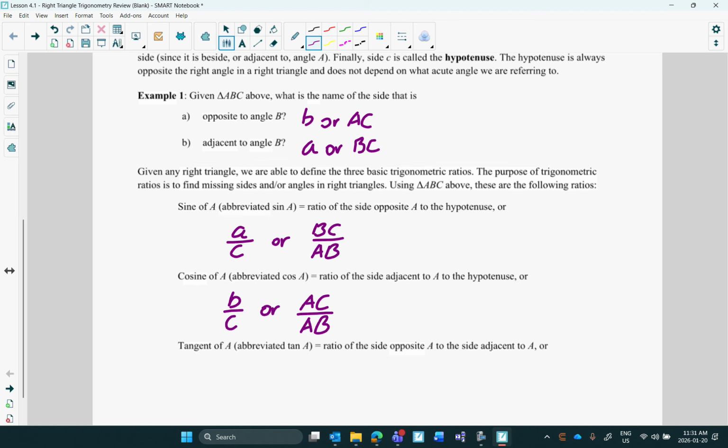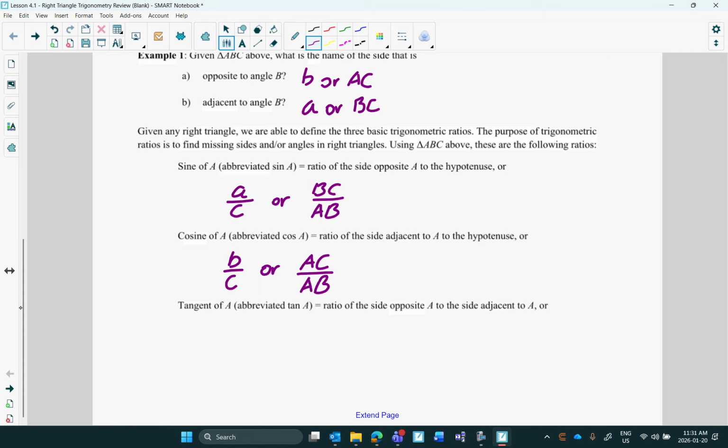And then finally the tan. What little letter over what little letter? Because it's the opposite side to angle A over the adjacent side to angle A. A over B. Or BC over AC. Either one is correct. Okay.